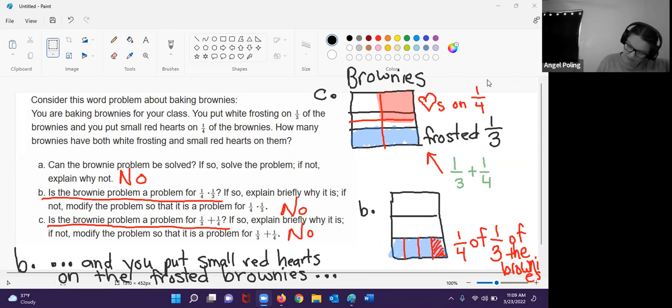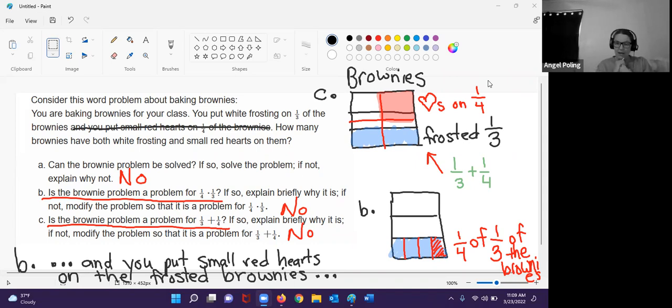We want to remove this statement and replace it with our statement so that it reads, you are baking brownies for your class. You put white frosting on 1/3 of the brownies, and you put small red hearts on the frosted brownies. How many brownies have both white frosting and small red hearts on them?